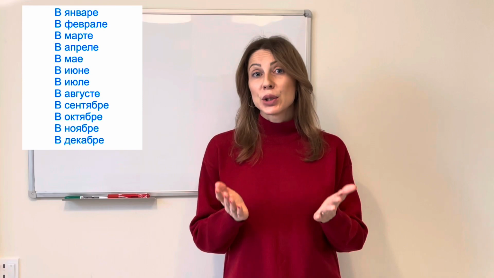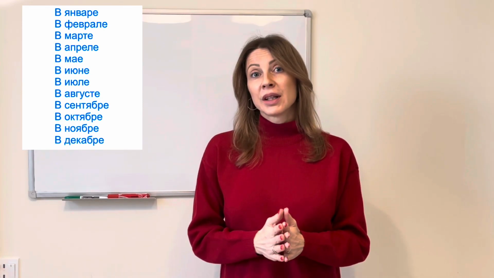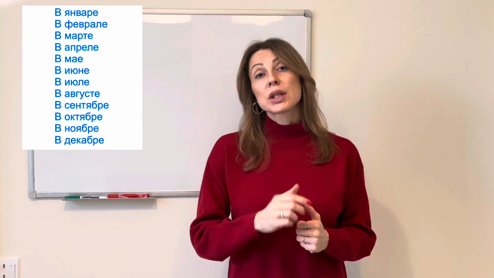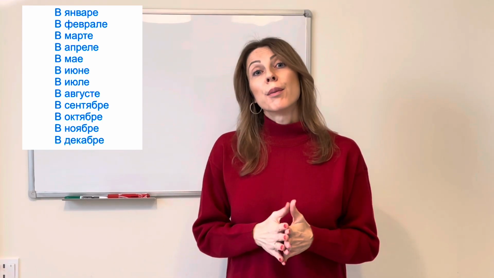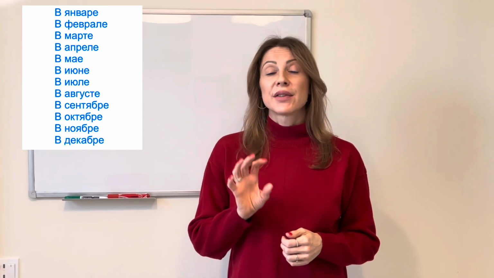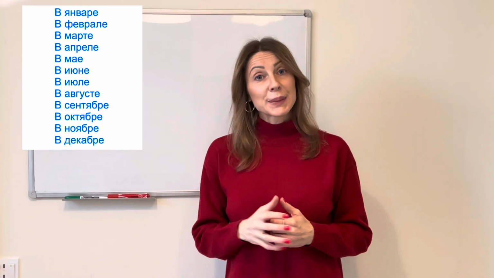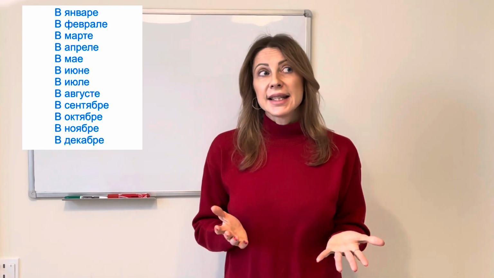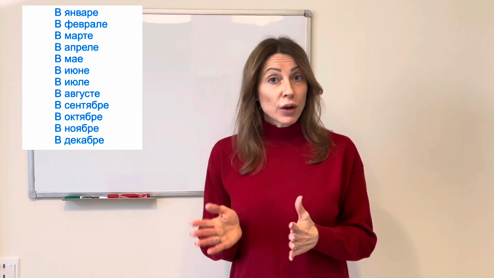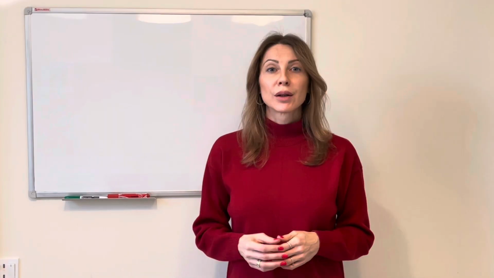We always use the ending -е, the most common ending in prepositional case, because all these are masculine. Okay, we say в plus the name of the month in prepositional case with the ending -е. We notice that the soft sign disappeared. Why so?